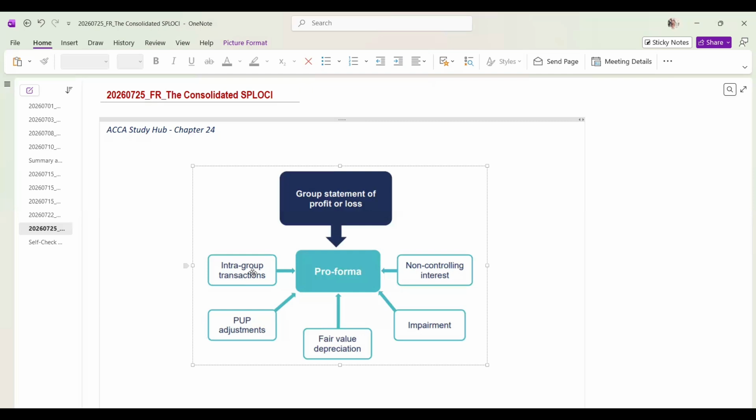But whilst you are bringing the assets and liabilities at fair value, it will also end up resulting in something we call fair value depreciation. So this is the point. Land is not depreciated, so forget about land.